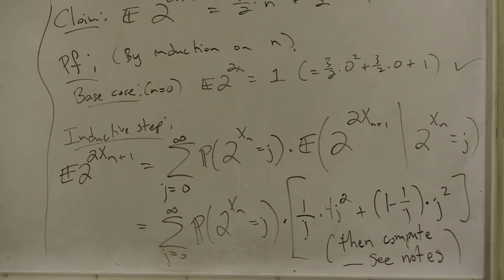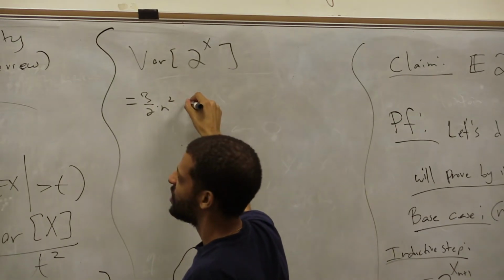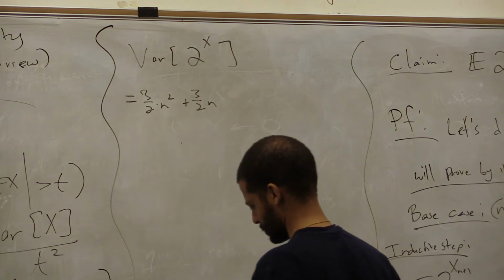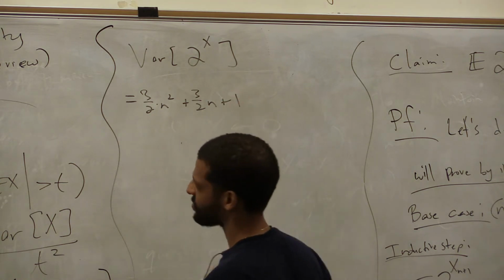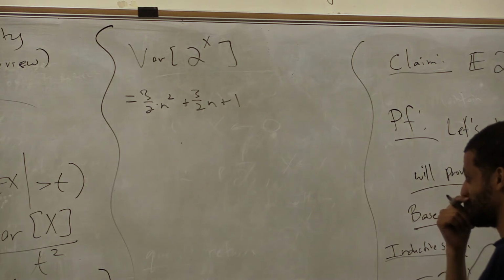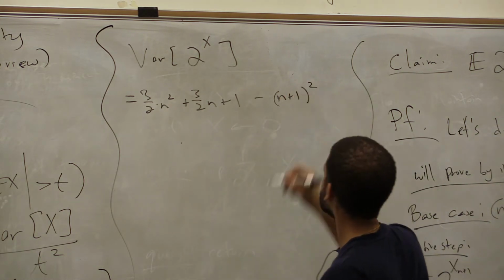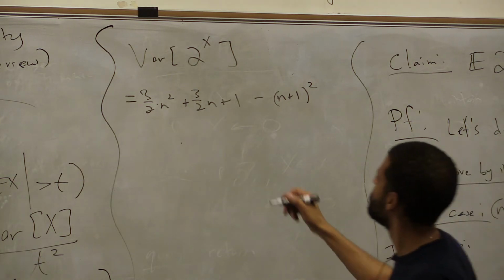So that implies that at the end of the day, the variance of 2 to the x is equal to 3/2 n squared plus 3/2 n plus 1 minus n plus 1 squared, right?